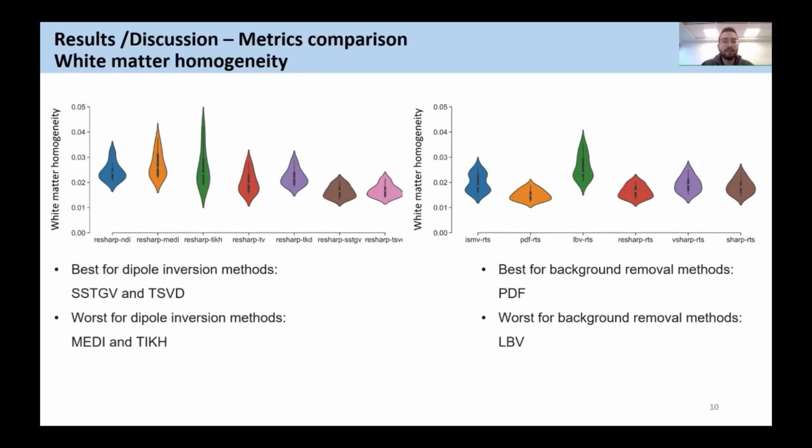We can see that for the dipole inversion methods, the SSTGV and TSVD showed the highest values of homogeneity of white matter, while MEDI and TIKH showed the worst. And for the background field removal methods, PDF was the best method, while LBV scored the lowest values.